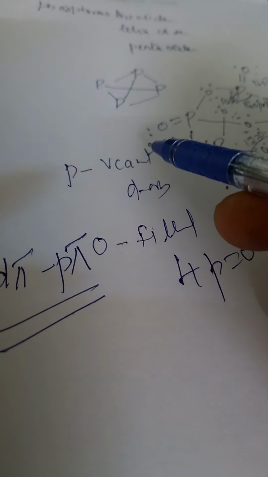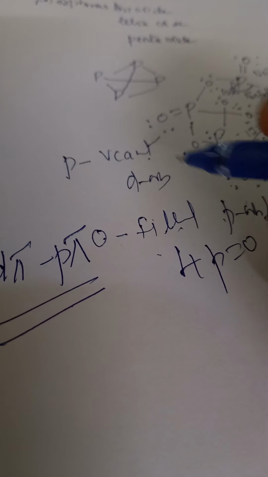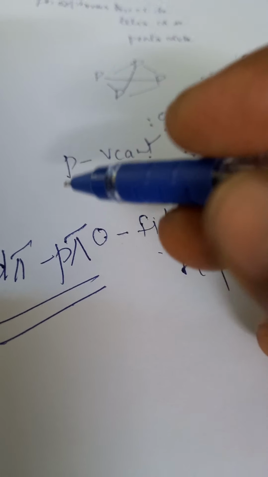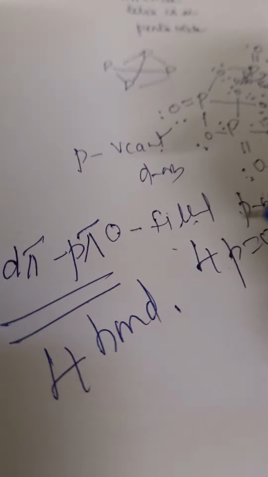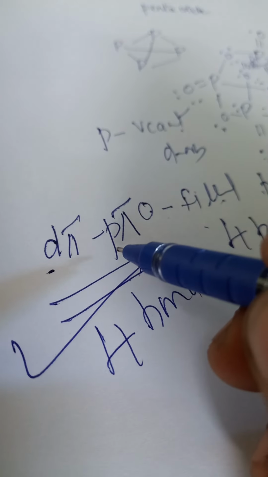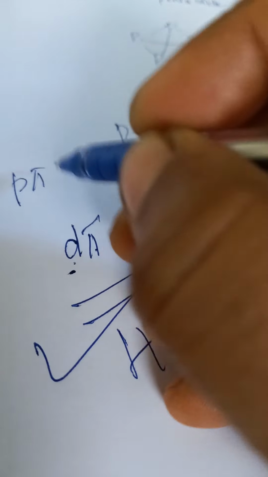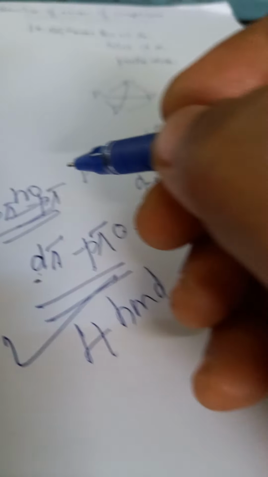Phosphorus vacant d orbital, oxygen filled p orbital, forming d pi p pi bond. There are 4 d pi p pi bonds, d pi meaning vacant d orbital, filled p orbital. There are 4 such bonds, but no p pi p pi bond.